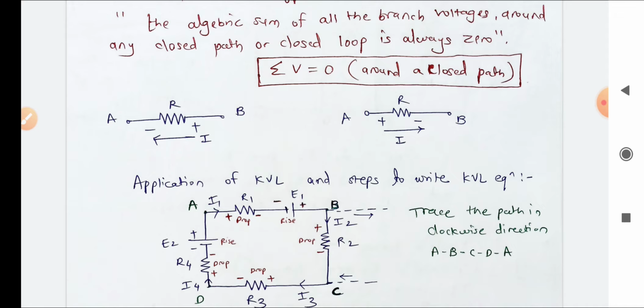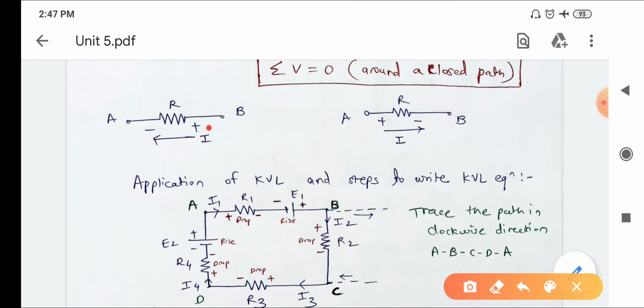Now in the first figure the current is flowing from B to A, and as we know, current always flows from higher potential to lower potential. Hence when the current flows from B to A, we assign terminal B as positive and terminal A as negative.